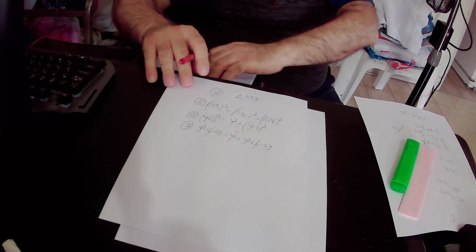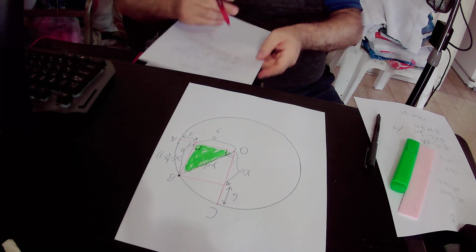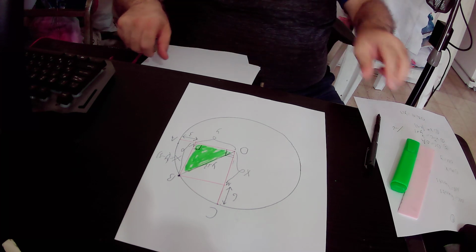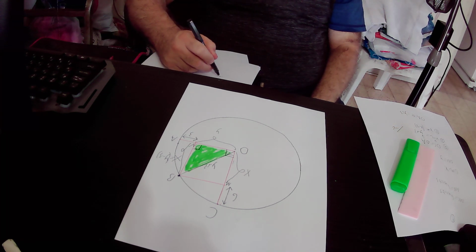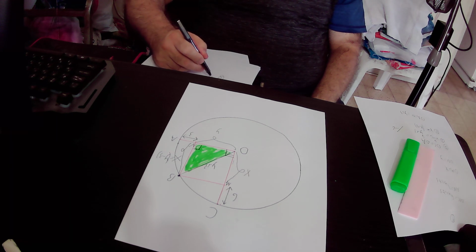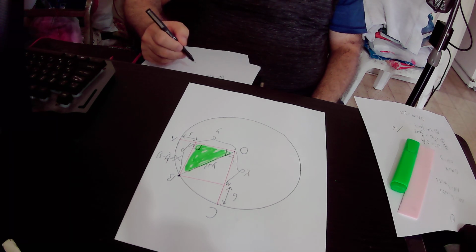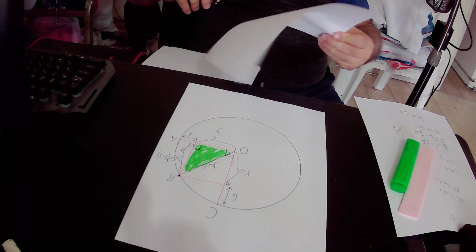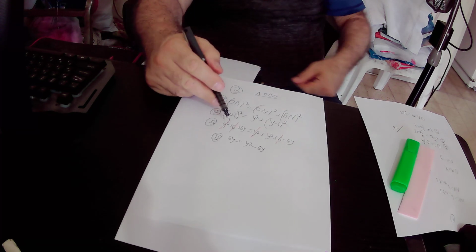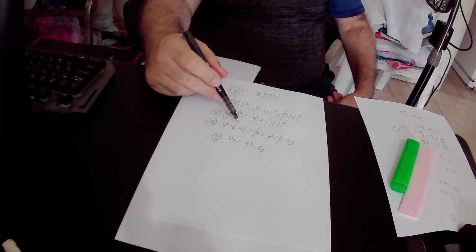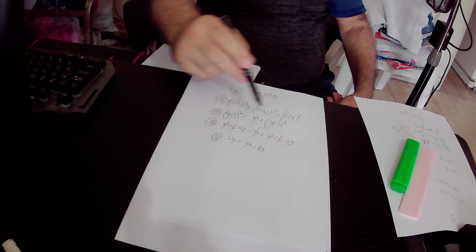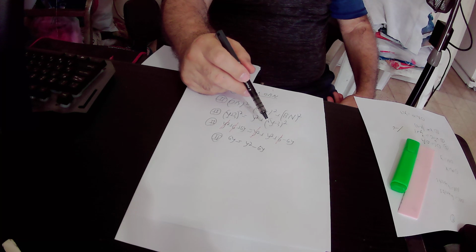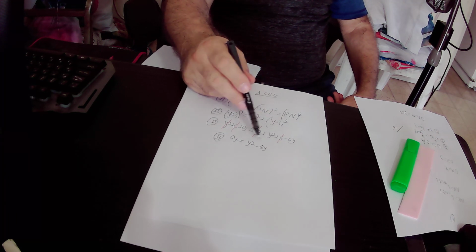So on this side of the equation the only expression left is 6y, and on this side of the equation what is left is y square minus 6y.